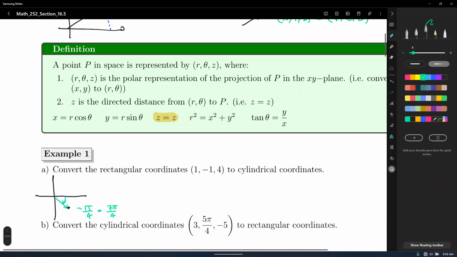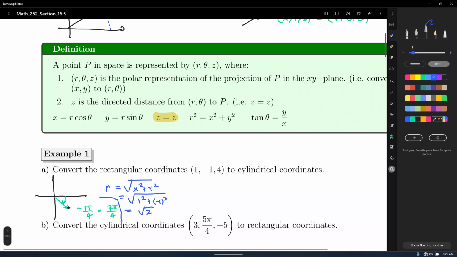Okay, and what about the distance between the origin and the point? Just go with r equals the square root of x squared plus y squared, which is the square root of 1 squared plus negative 1 squared. That's simply the square root of 2. So that's the angle, that's the radius. We have everything to express this point in cylindrical.